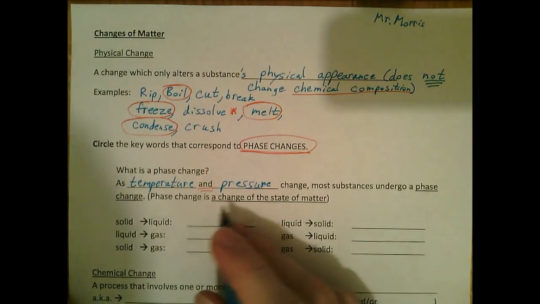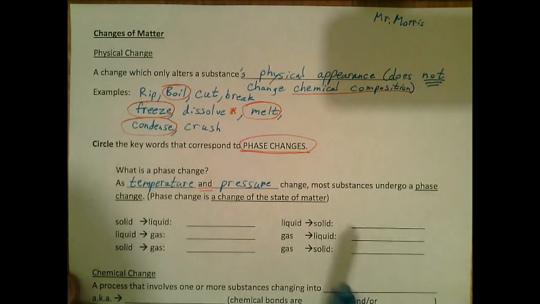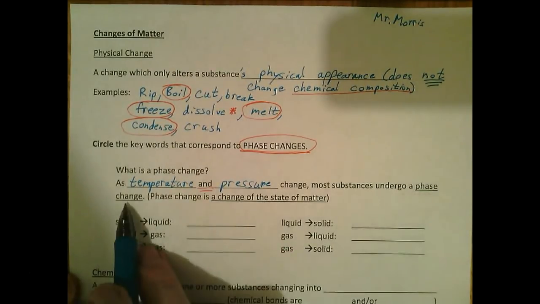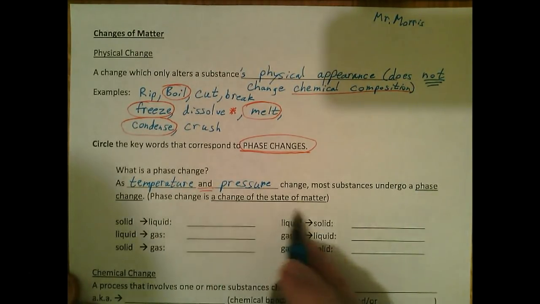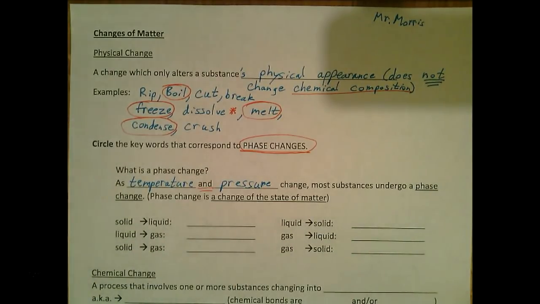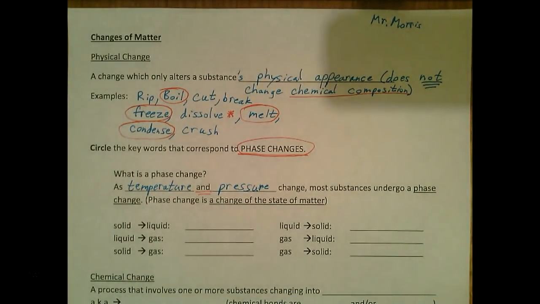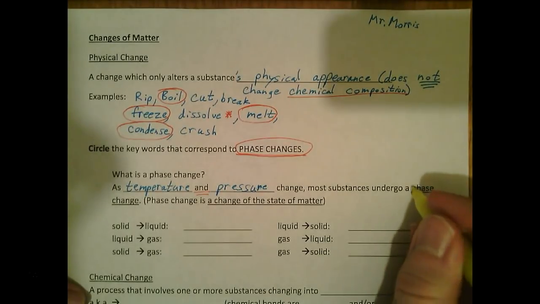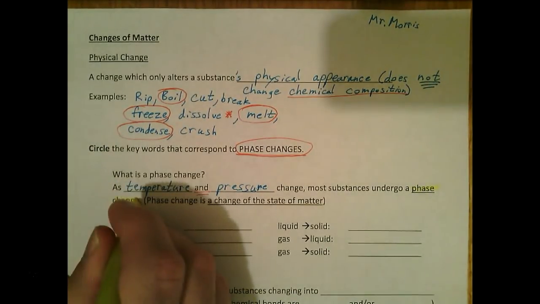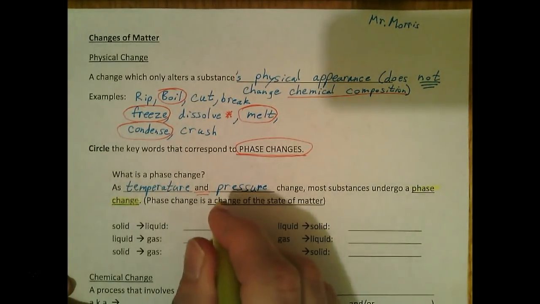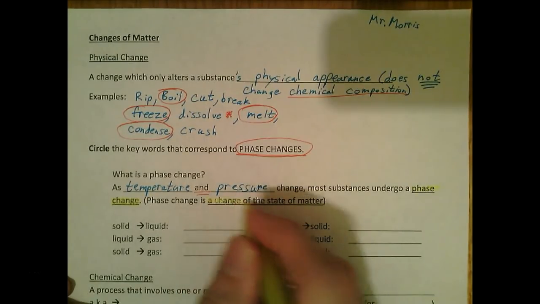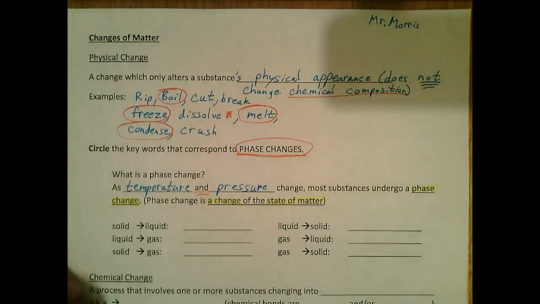As temperature and pressure change, most substances undergo a phase change. A phase change is a change in the state of matter. You may want to highlight this and just make sure that you take note of it. A phase change means it's a change of the state of matter.